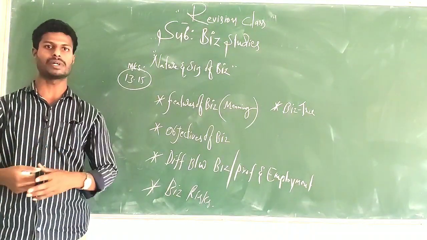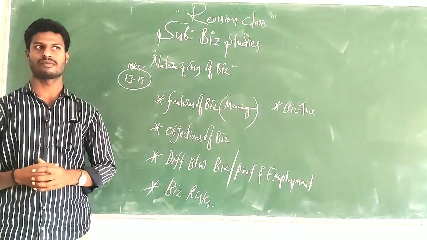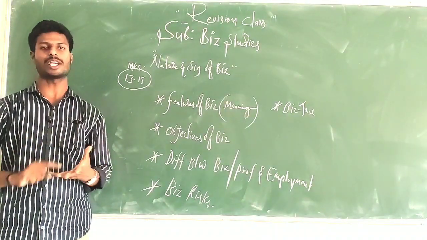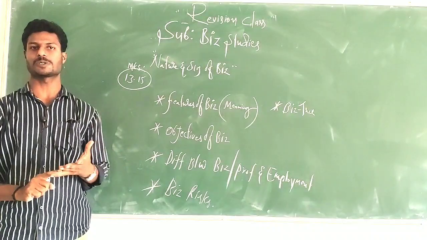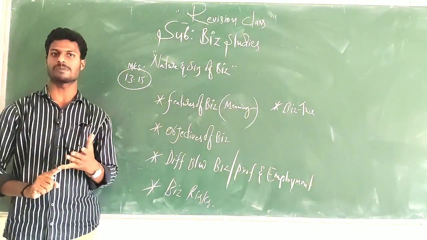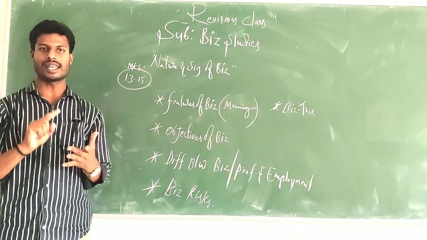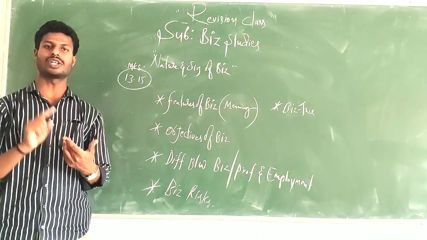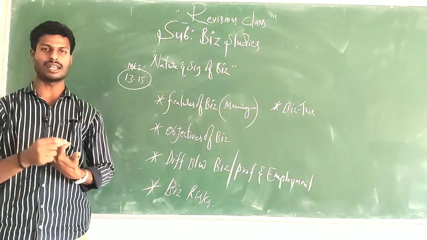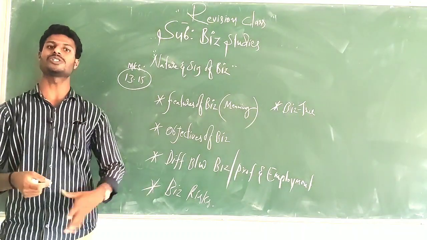In the meaning itself, we can identify the features of business: economic activity, purchase of required resources, production of products, distribution of products, then presence of risk and uncertainty. So these are the features of business.